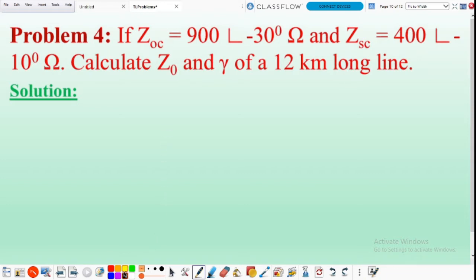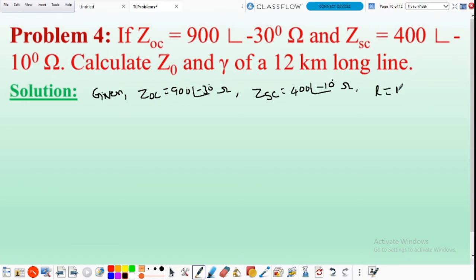So coming to the solution, given that the open circuited impedance ZOC is 900 at an angle of minus 30 degrees ohms and the short circuited impedance ZSC is 400 at an angle of minus 10 degrees ohms, and also given that the length of the transmission line L is equal to 12 kilometers.